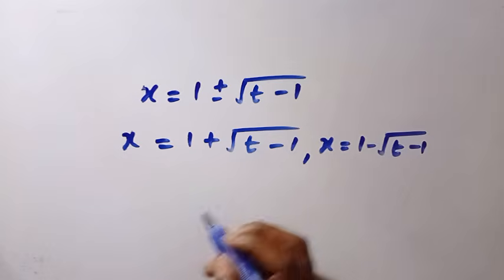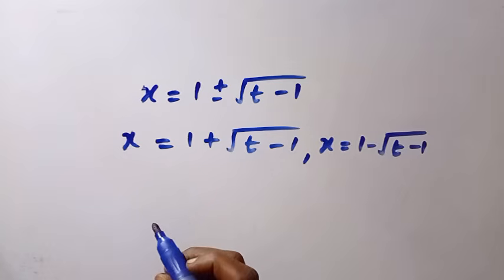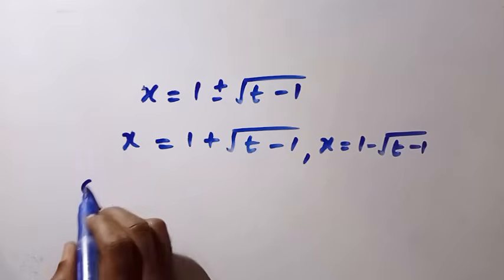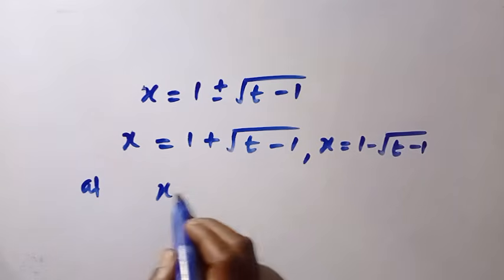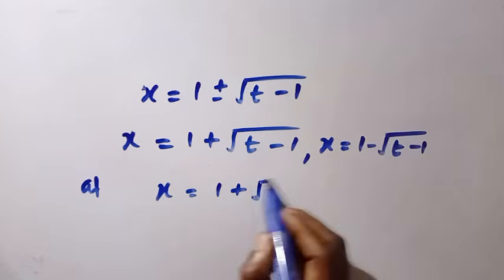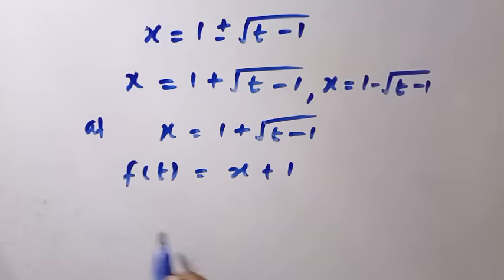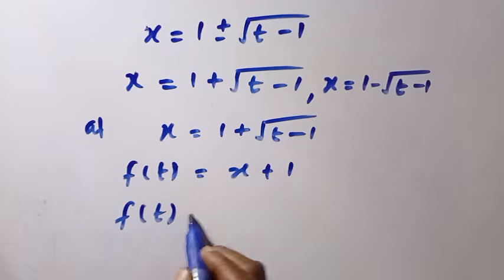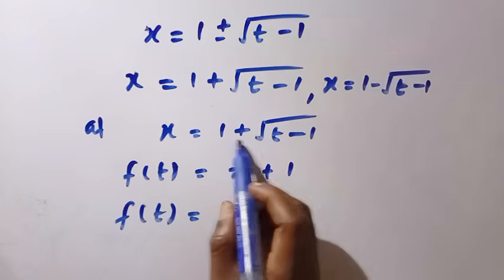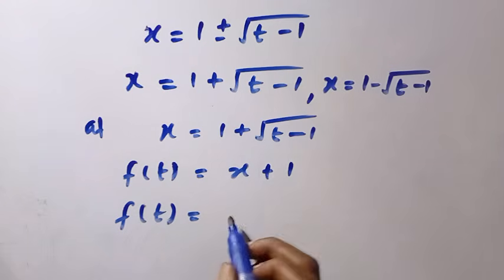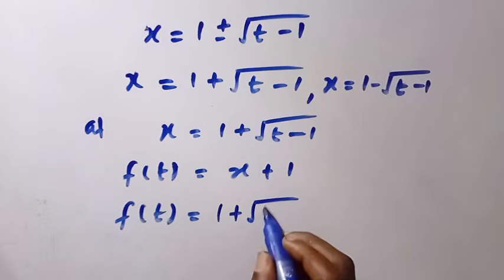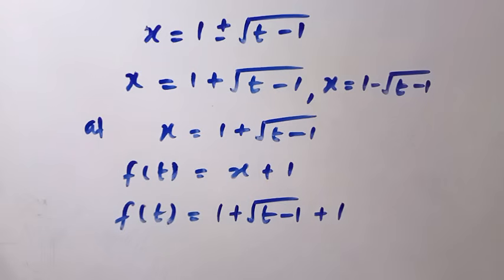And we are going to test each branch to get the value of f of x. Let's say we have the first one here, which is x equals 1 plus the square root of t minus 1. From the function, we have f of t equals x plus 1. By replacing x, we have f of t equals 1 plus the square root of t minus 1, then plus 1.